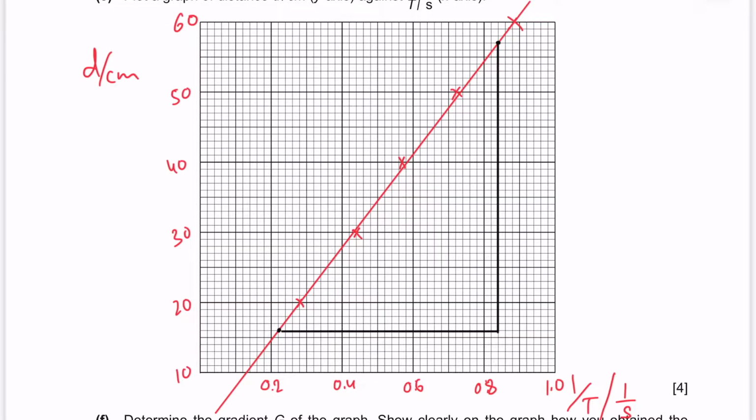So this is 0.84 on the x-axis and 57 on the y-axis, and this one is 0.22 on the x-axis and 16 on the y-axis.